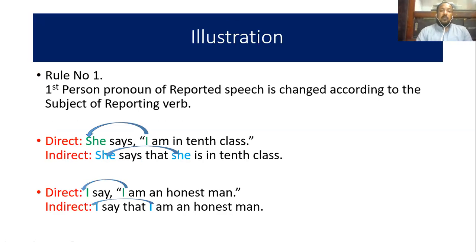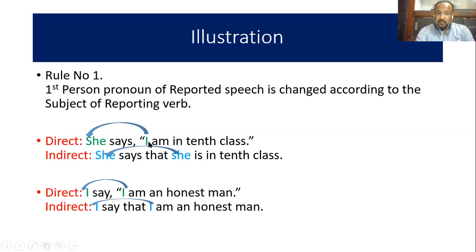Rule number one was that the first person changes according to the subject of the reporting verb. Now see, direct speech: She says, "I am in 10th class." "She says" is the reporting, one who reports. Over here, I is the first person.